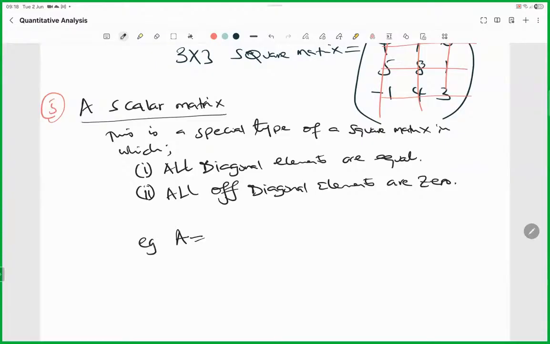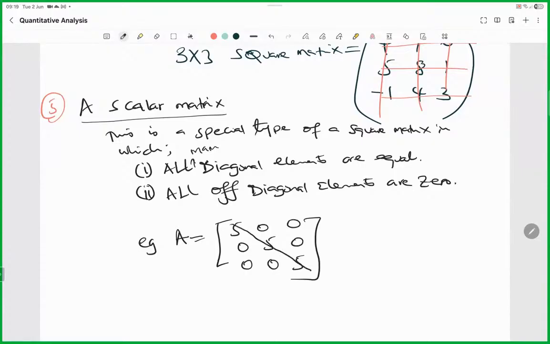For example, here we have 5, 0, 0, 0, 5, 0, 0, 0, 5. The main diagonal is 5, 5, 5.